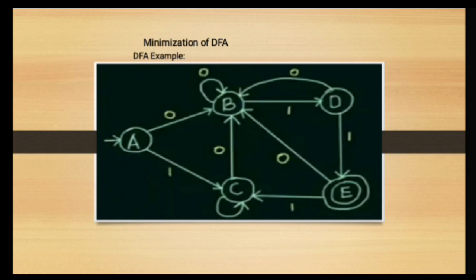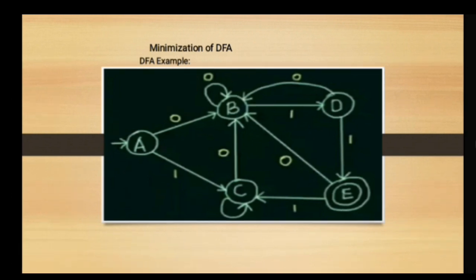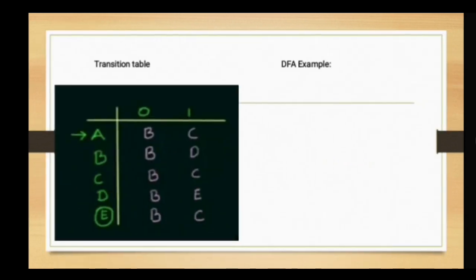First thing to do is to draw the state transition table based on this example. Here, A, B, C, D, E, and at the top you put the inputs 0 and 1.